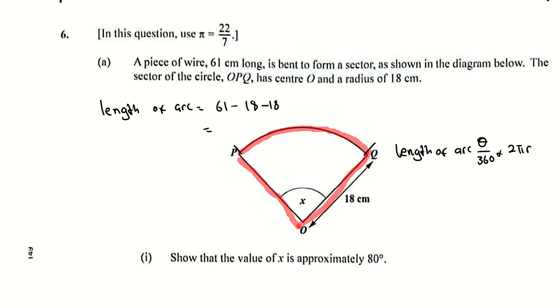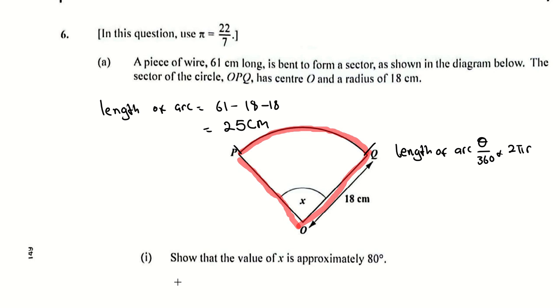So 61 subtract 36 is 25. So my length of arc is 25 centimeters long. Everyone understands that? Celia, Natalia, Sophia, and everyone who's here? Alright. So now we are going to use this formula to find out what is x or theta.